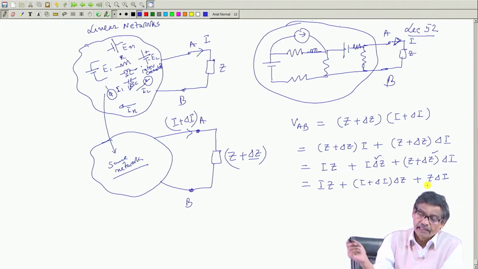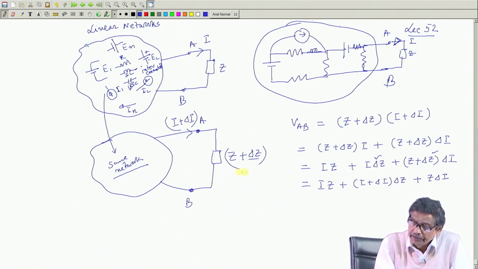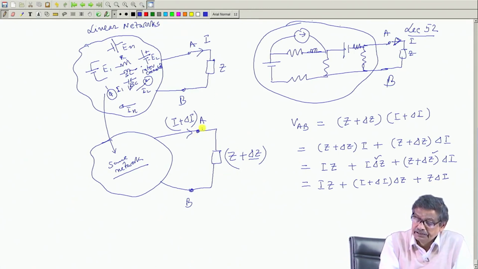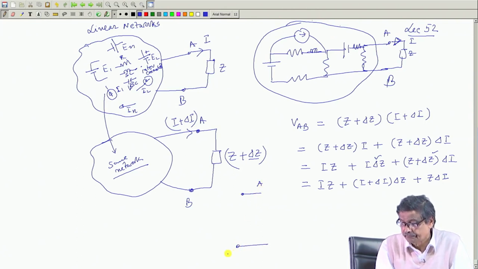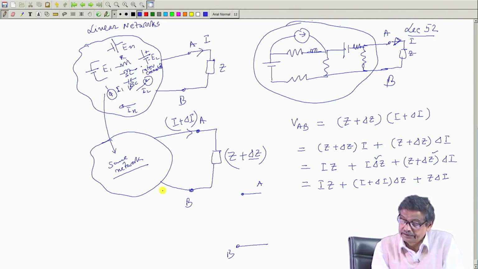Okay. Achha, now see these interesting arguments. Here, between these 2 points A and B, across this A and B only I am drawing, that network is connected.